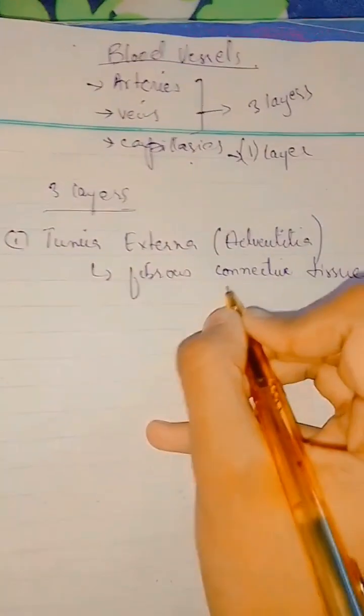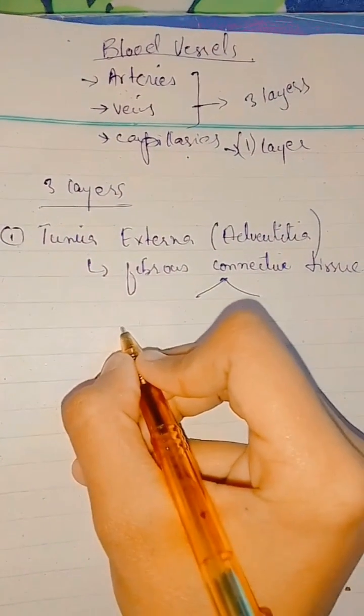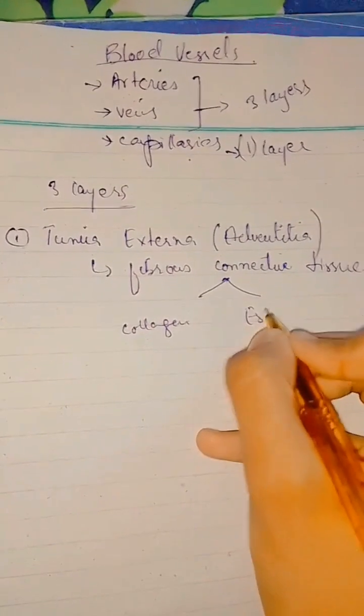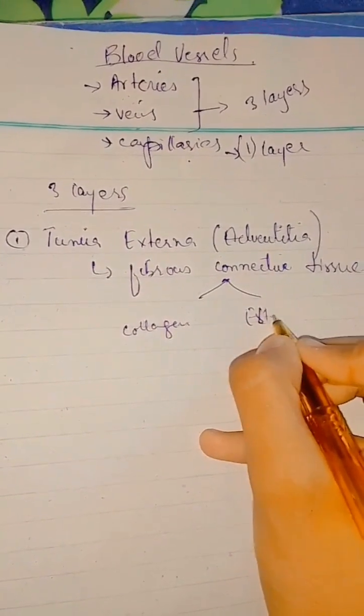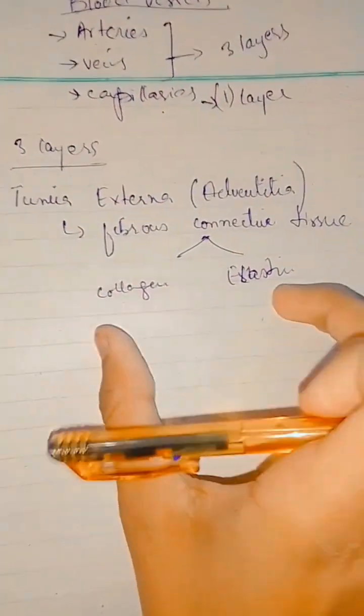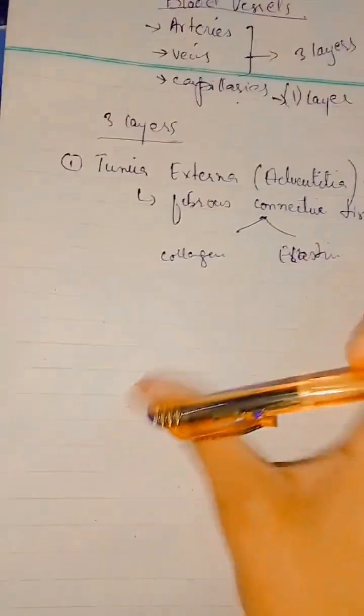Now, what type of connective tissues? Two types of connective tissues, that are collagen and elastin. Tunica externa is made up of these two, collagen and elastin, that are the types of fibrous connective tissues.